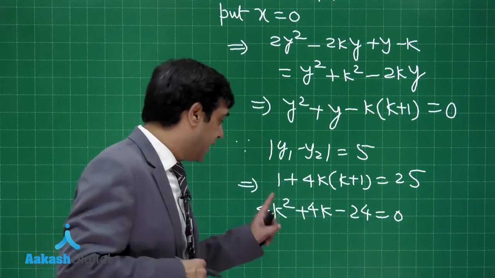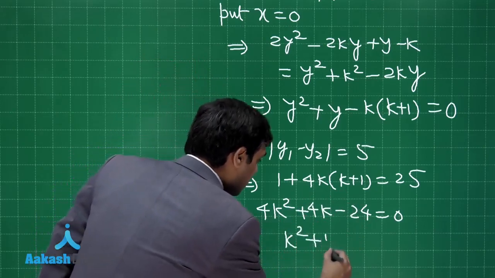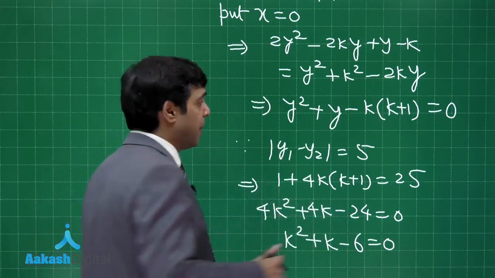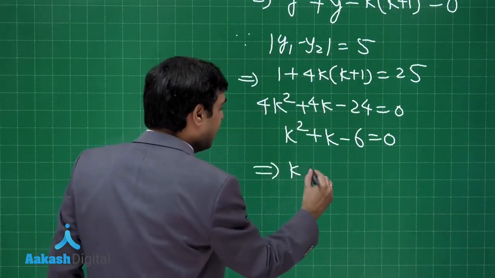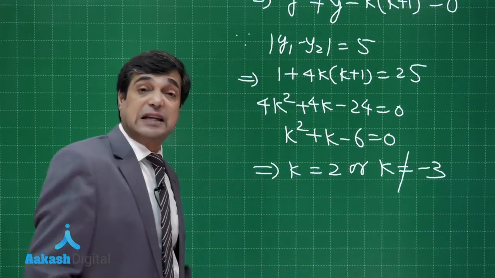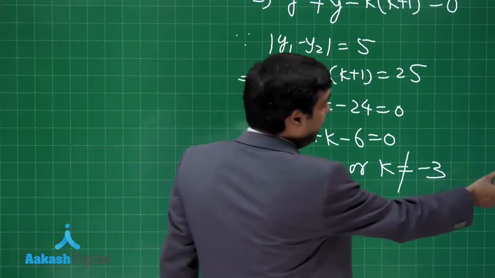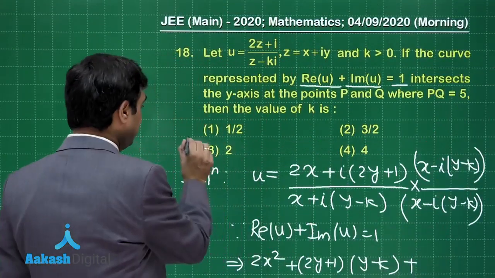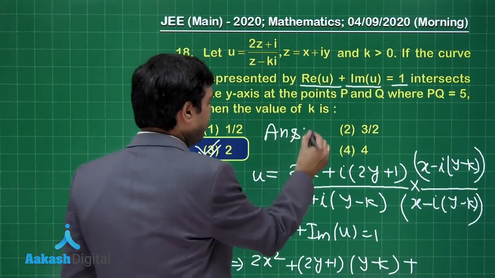Divide by 4, we get k square plus k minus 6 equals 0, which can further give me k as 2 or k as minus 3. Since k is greater than 0, it obviously cannot take the value minus 3. That means the correct answer is k is equal to 2. So now check from the given options. k is equal to 2 is given as option number 3. So let's mark and mention it as the required result.